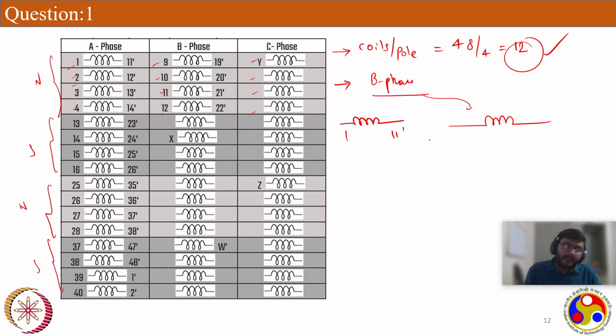So how to find that? I just told you the logic. A phase, B phase, and C phase will be displaced by 120 degree. Now how many slots are confined to 120 degree? That will come by 120 by beta. How much is beta? It is 15, right? So how much is 120 by 15?